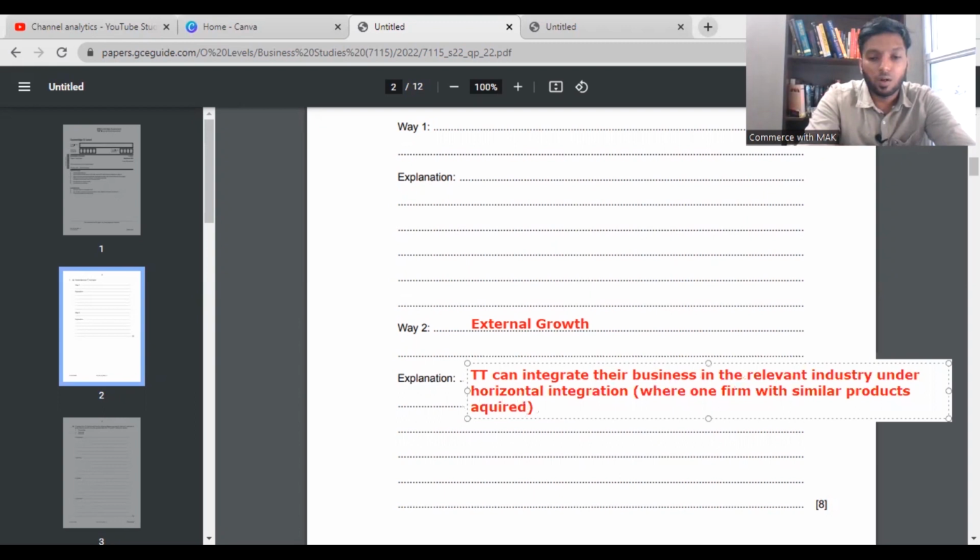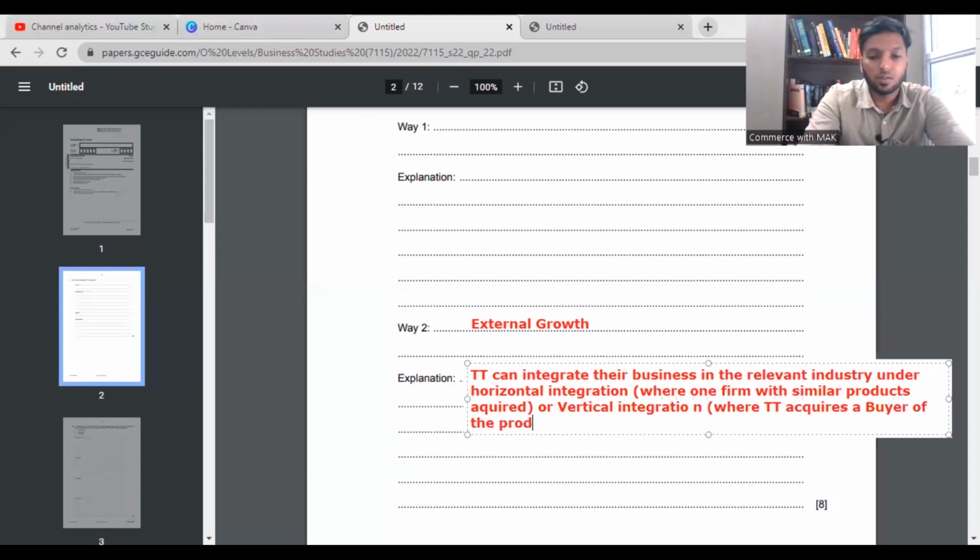Or under vertical integration, where the firm that TT acquires a buyer of the product.